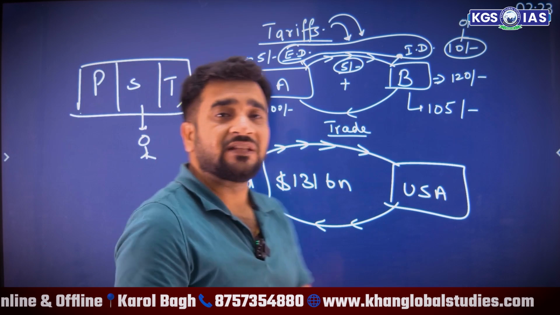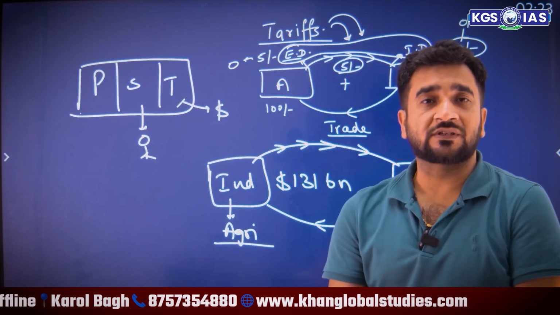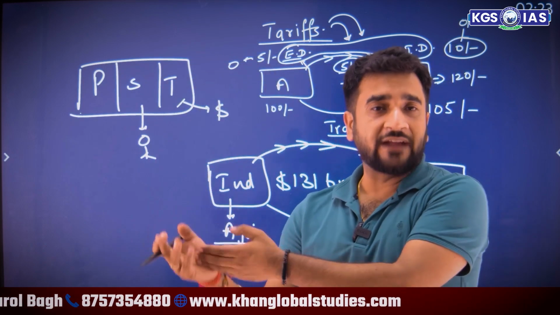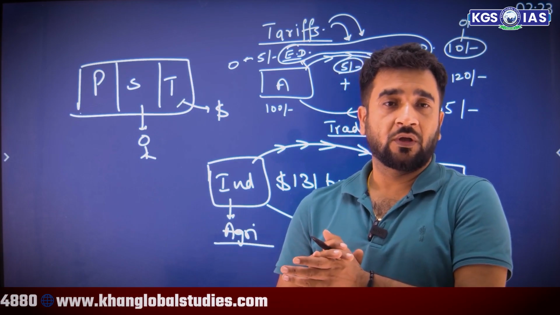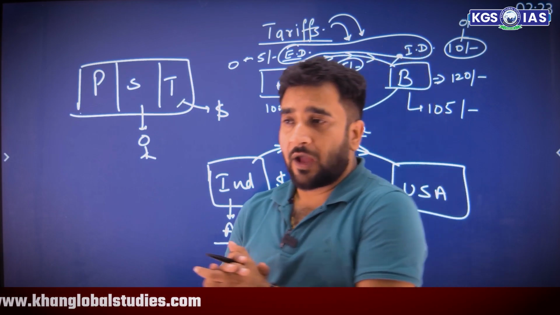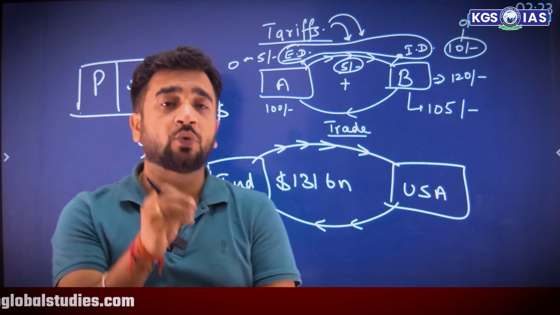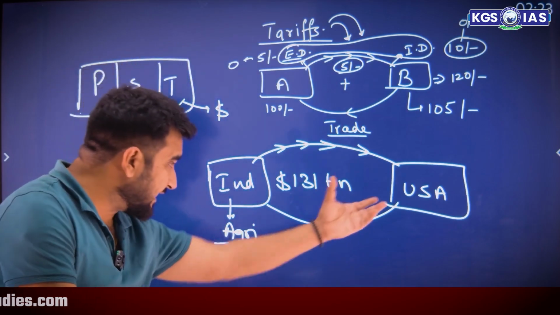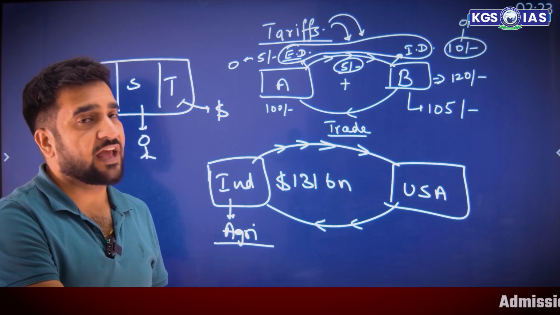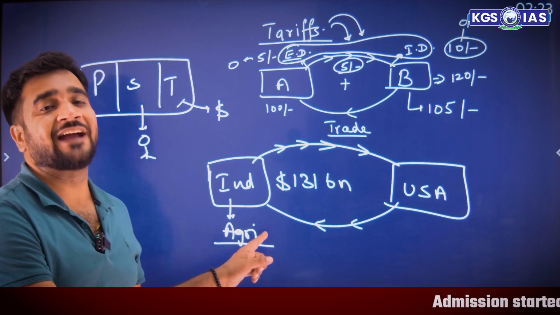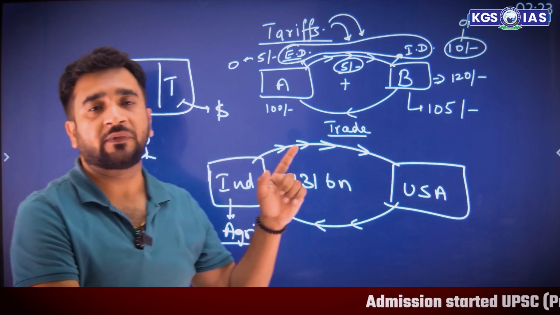Agri market means vegetables, food grains and dairy products, fisheries also. And America was pressurizing India to reduce import duties on such agri exports by USA to India. India said, I'm not going to reduce import duties on the agri products. I'll keep them high. Why?